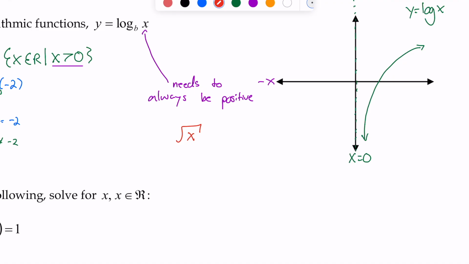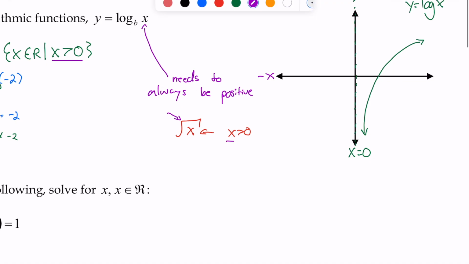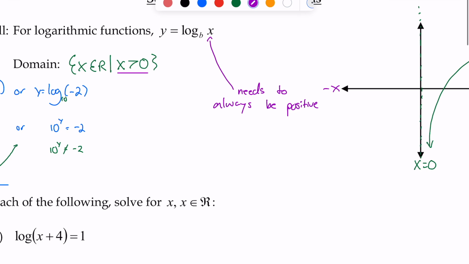Under a square root, this also needs to always be positive, because you cannot take the square root of a negative number. The function of a root says the input always needs to be positive. It's the same with logarithms: the function of a logarithm says that the input always needs to be positive.